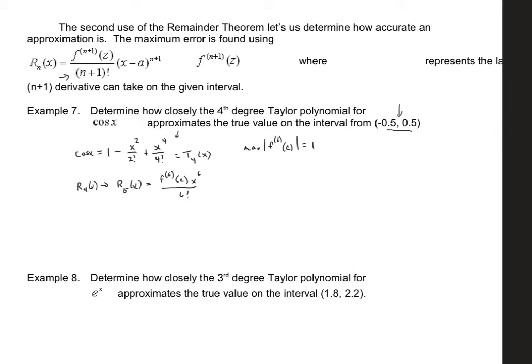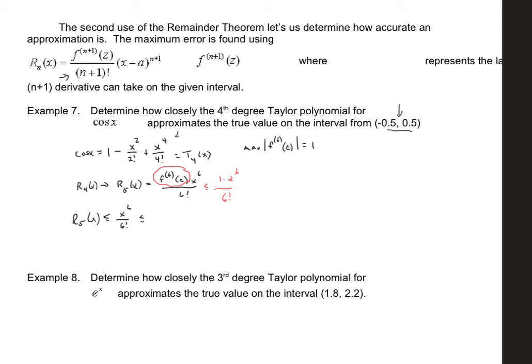So we can now say that this error bound R sub 5 of x is going to be less than or equal to, and we're going to replace this by just a 1. So that's now taking us to x to the 6th over 6 factorial.